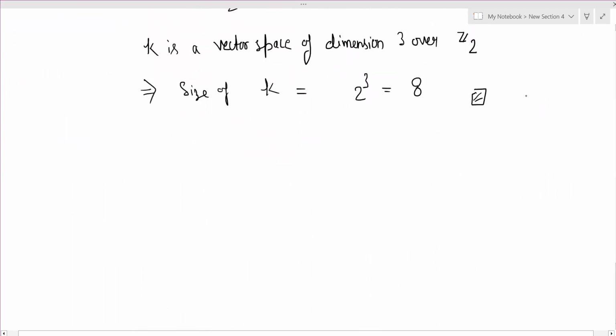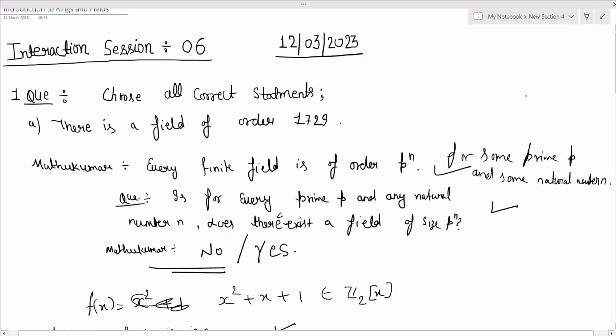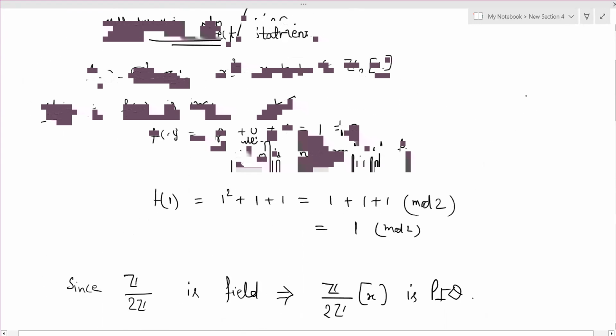What is the idea? Let me give you the idea. Whether 1729 can be expressed in the form p to the power n, that we will do later. But let's first think about this one statement. How will you give me a field of size p to the power n for any prime p and any natural number n?